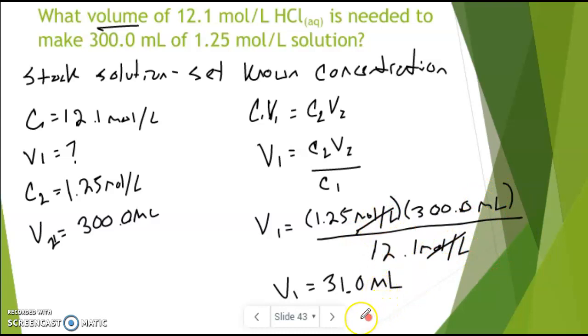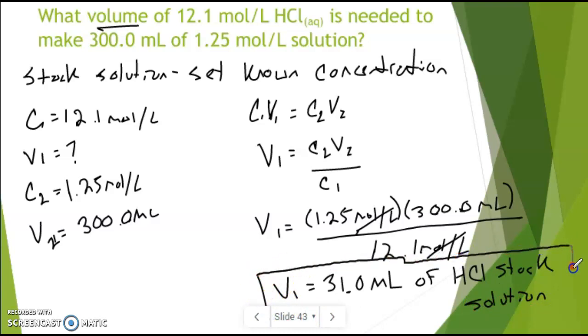So that's my V1, how much volume I need of HCl stock solution. And we box our final answer. So that is how we get that.